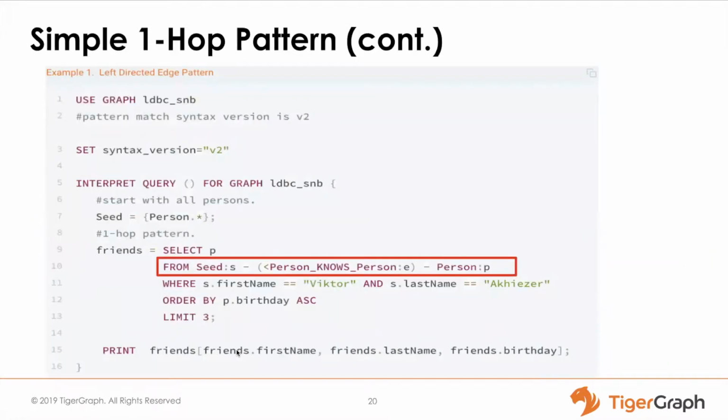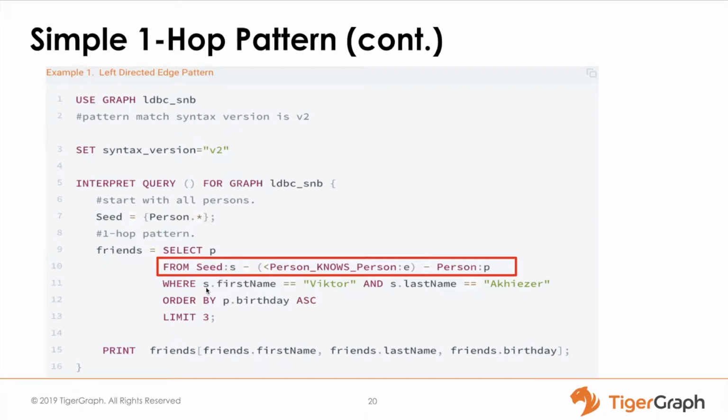So here's a concrete example. In this query, I start from the person vertex set, and then I go through a leftward edge one hop to reach another person. Person knows person is a leftward directed edge type, and then I find who knows the source.